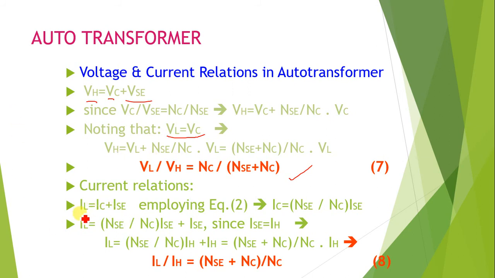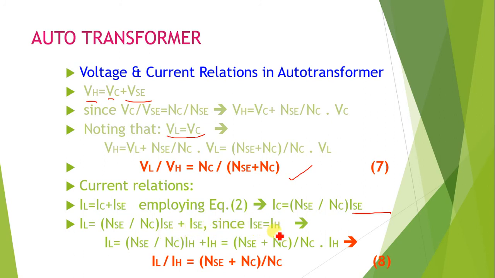Similarly, current IL is equal to IC plus ISC, where IC is equal to NSC by NC into ISC. This is a very general formula used for calculating I2 and I1, which we have done, which is N2 by N1. Similarly, IL is equal to NSC by NC into ISC plus ISC.